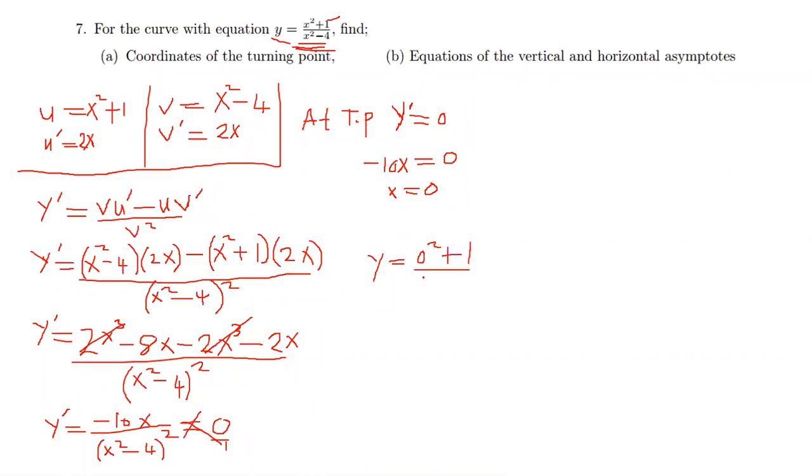Then down there we'll have 0 squared minus 4, which gives you negative 1 over 4 as your y. So meaning the coordinates of the turning point are just 0, comma, negative 1 over 4. So this is the point where our given curve there is turning.